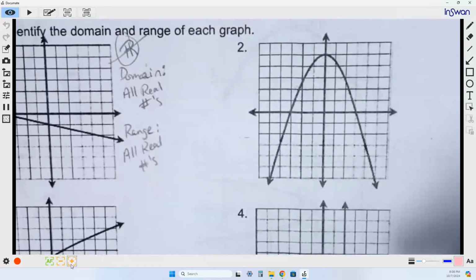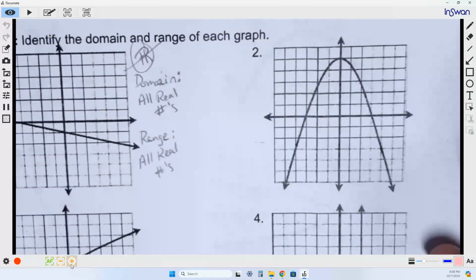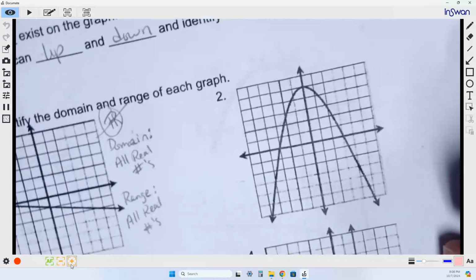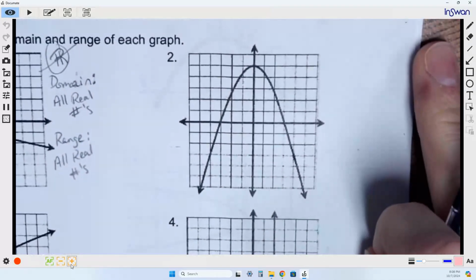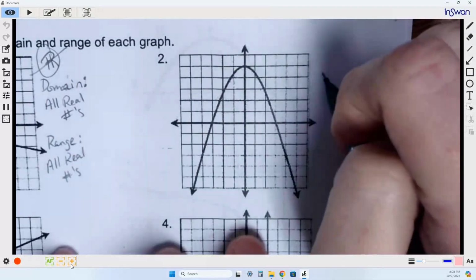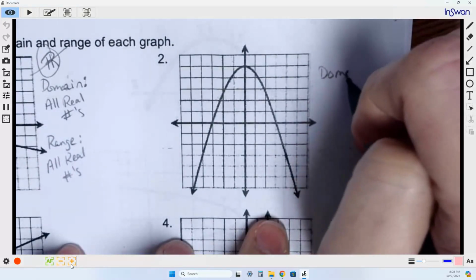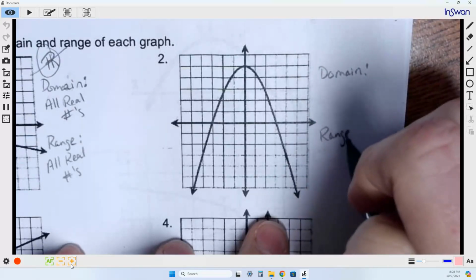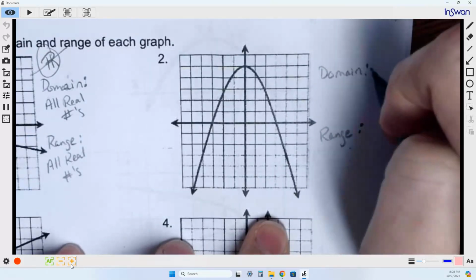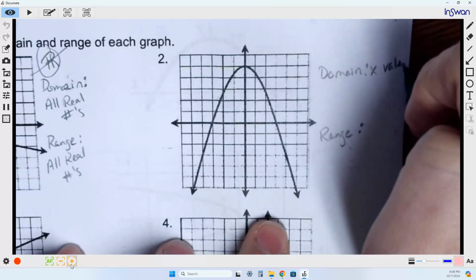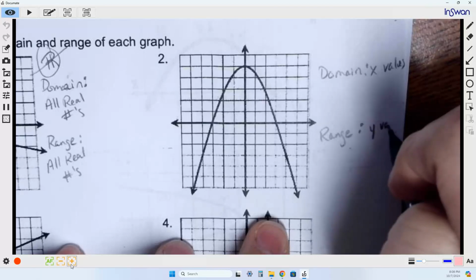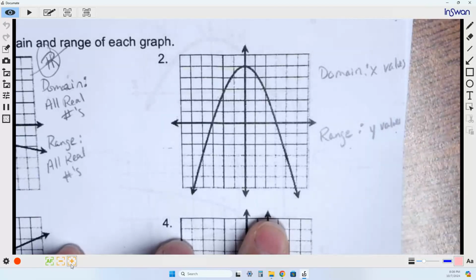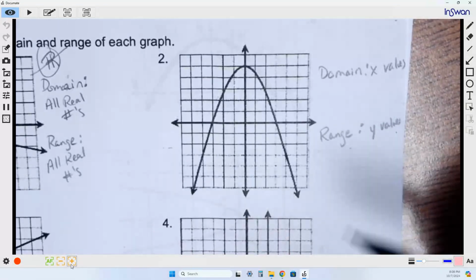Let's look at question 2. My first thought is, hey, does it stop or turn around somewhere? So I'm going to write domain, and then I'm going to write down here range. And remember, domain is my x values, and my range is my y values. Okay, so it's important to keep that in mind.